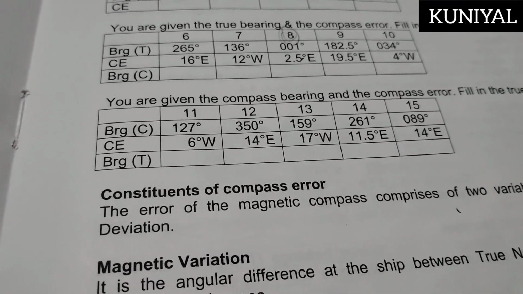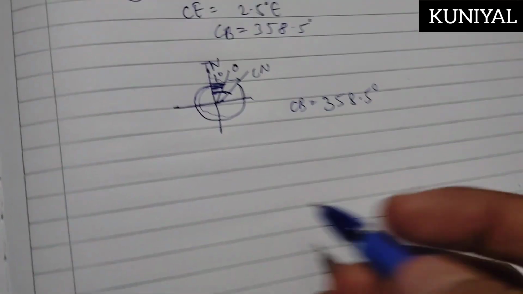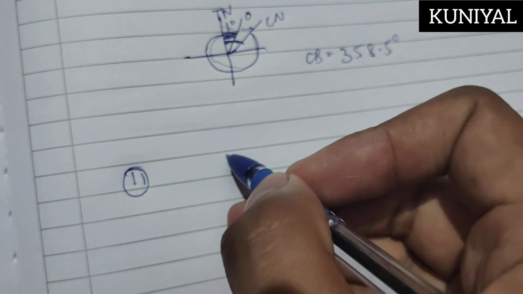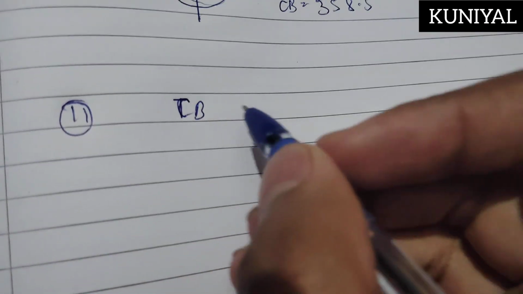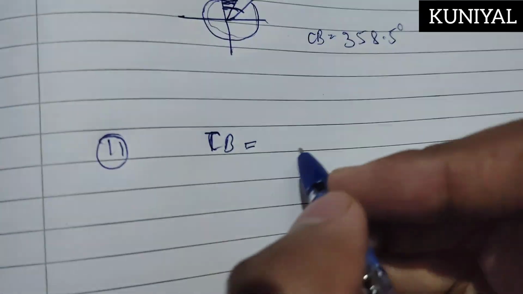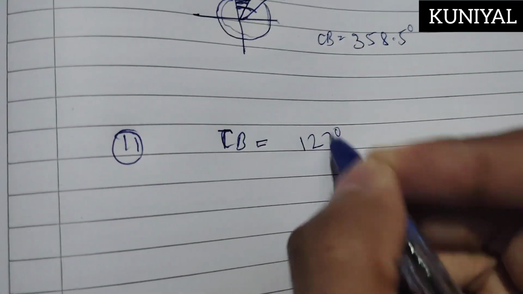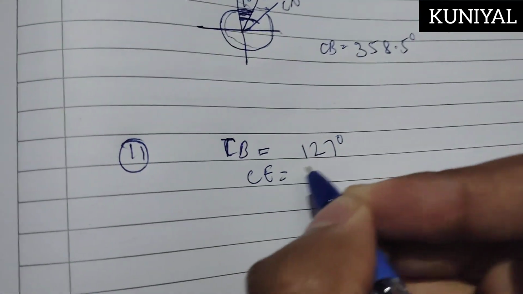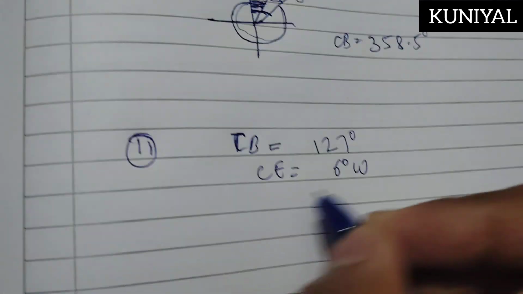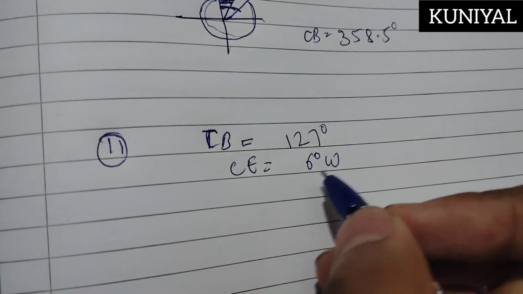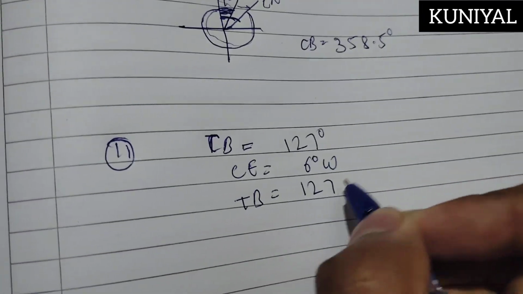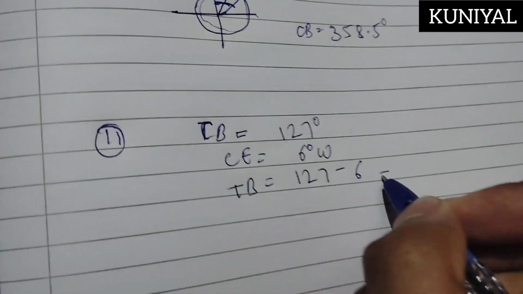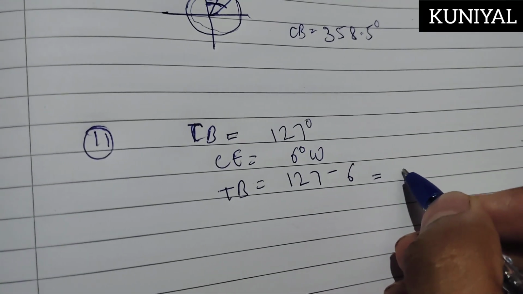True bearing will be 121 degrees. Compass error is 6 degrees west, error west, compass best. So true bearing will be 127 minus 6, because it will be less than compass bearing. So it will be 121 degrees.